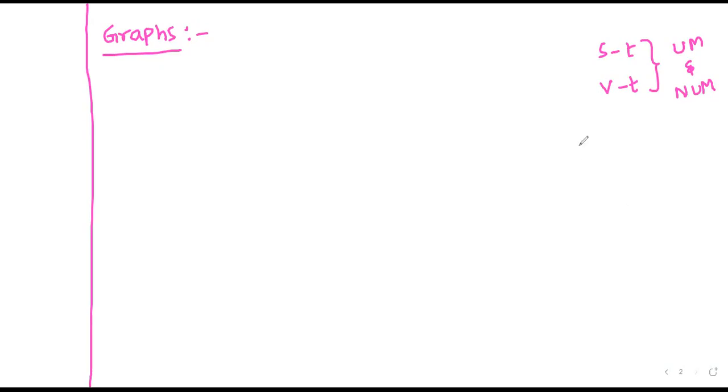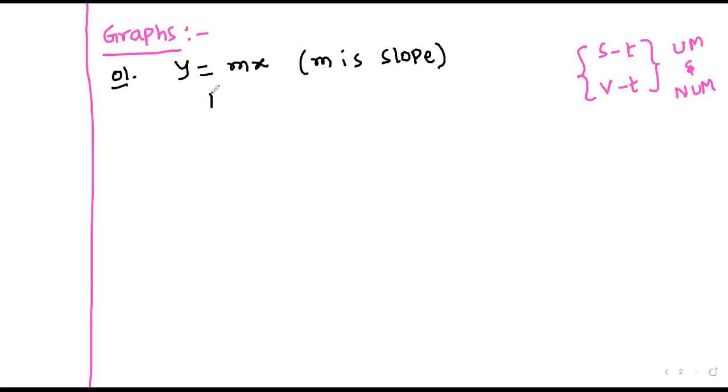Before going to see this topic, we need the fundamentals. Say, for example, let us consider if the graph is like y equal to mx, where m is slope. So the shape of the graph: when x equal to 0, y is also equal to 0.